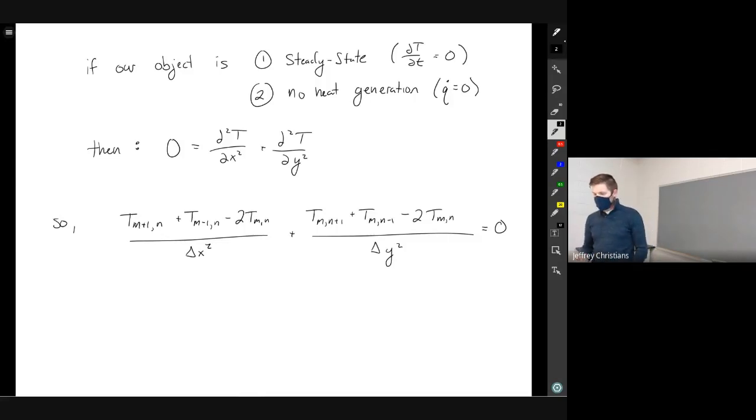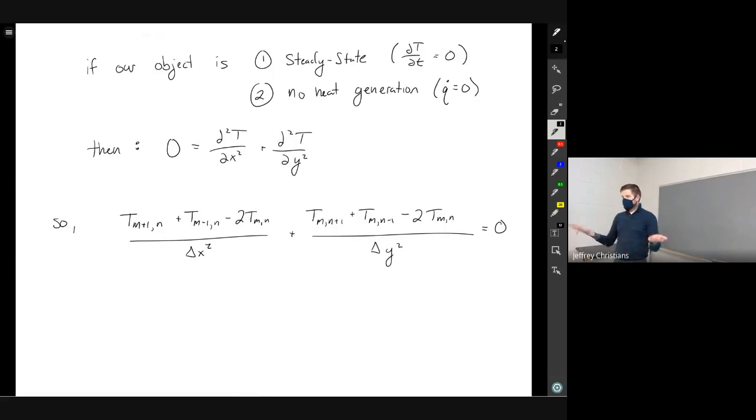The handy thing is that these two terms could, in general, have different denominators. But if we look at what we did for our problem, we made delta x and delta y the same. We had a 2 by 2 grid, so delta x is 2 centimeters, delta y is 2 centimeters.